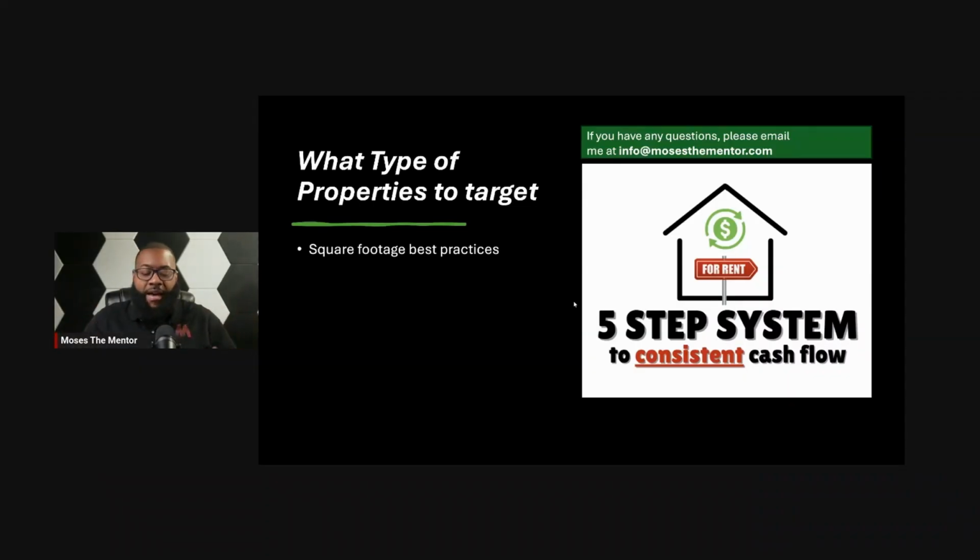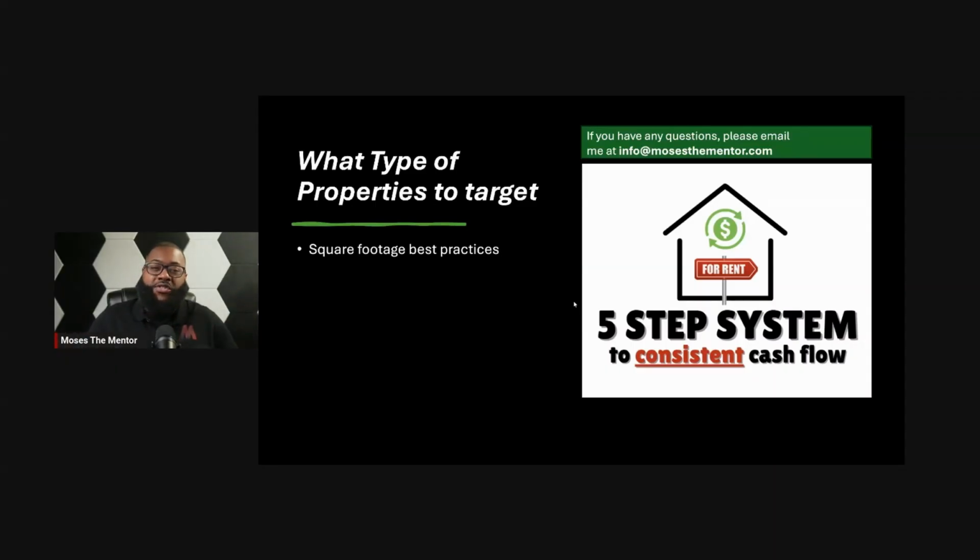Because a few things happen, right? Number one, on the front end, you're going to pay more for the property because it's a larger property. But number two is that you're going to have higher renovation costs because typically all renovation budgets are going to be based off the number of square footage in a home. So I learned that the hard way. Do not do that, right, and learn from my mistakes.